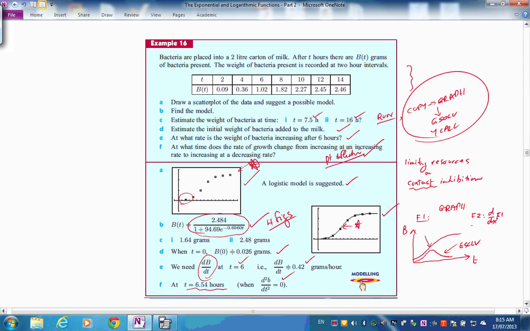I think you probably need to look back at your calculator usage here to get the value of the derivative at T equals 6 to make sure you can enter into F2 dy by dx, which, just remembering there, if you go options and calc, you will find d by dx and d2 by dx, etc. are options there.